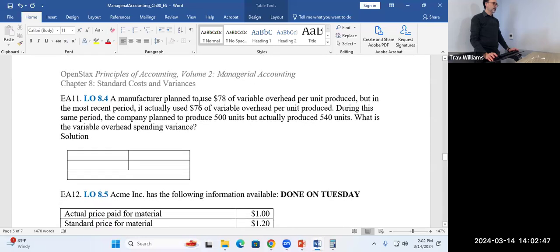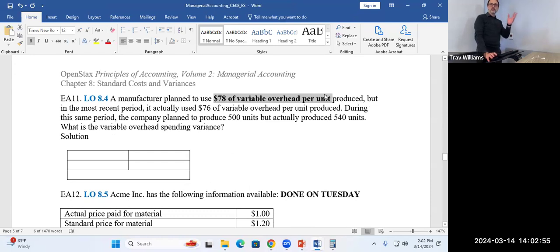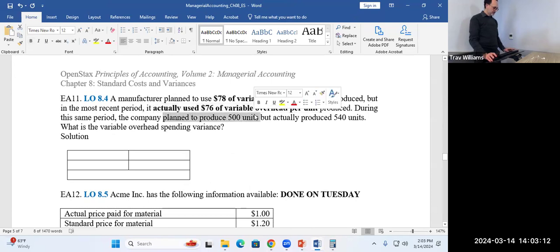Okay, a manufacturer planned to use $78 of variable overhead per unit. So that was the standard, because that's what was planned. It actually used $76 of variable overhead per unit. So that is the actual rate. During the same period, the company planned to produce 500 units, actually produced 540 units.